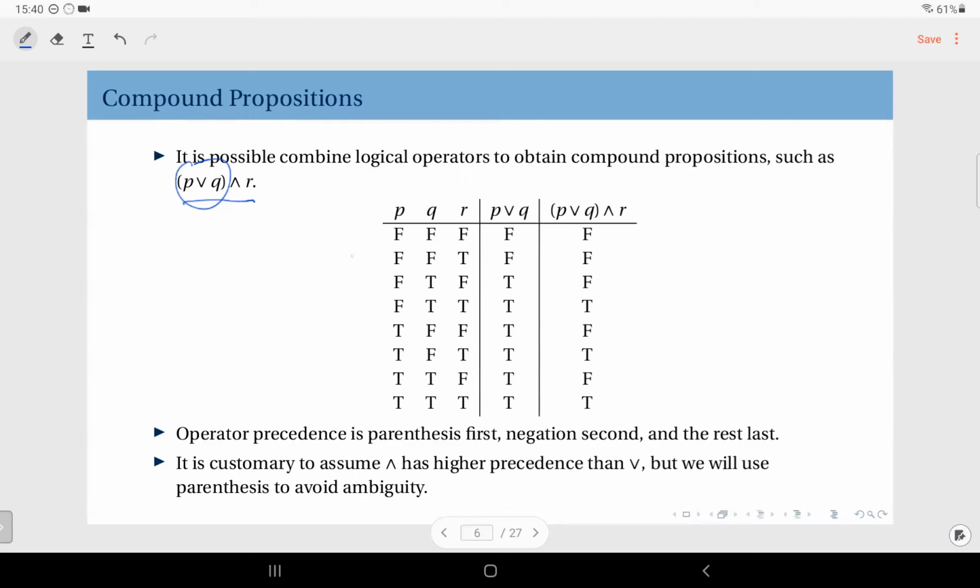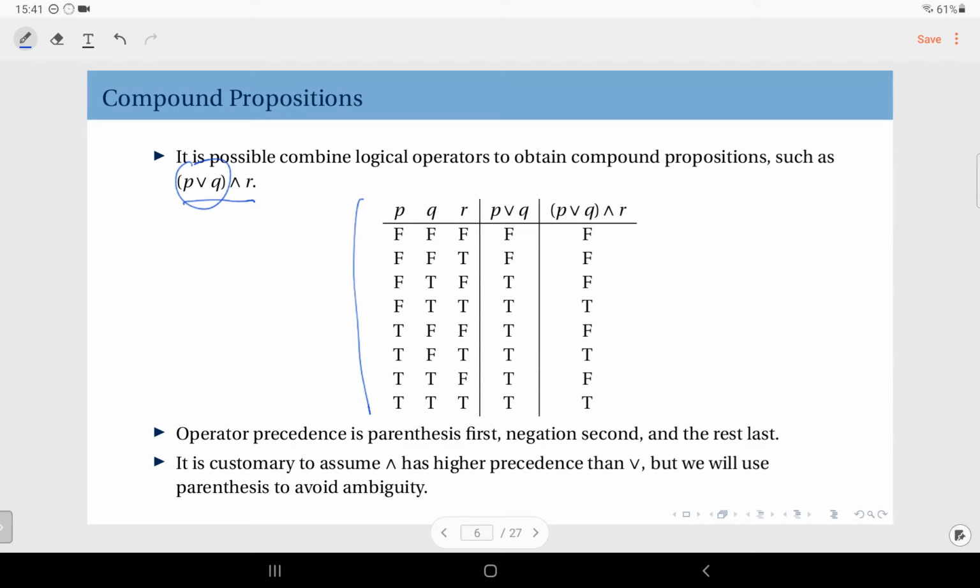So now look at this truth table. Now it has become bigger because now I have three variables to describe this compound proposition: P, Q, and R. That means I have 8 possible different input combinations. Obviously, that's not a coincidence.